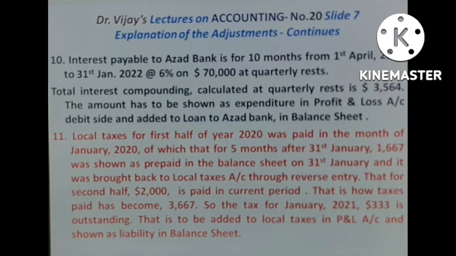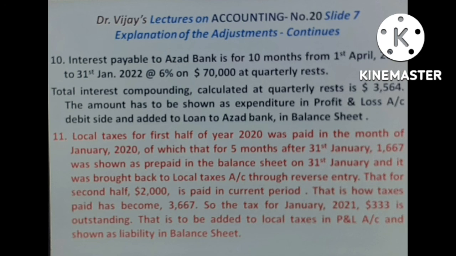You have to read what is written there very carefully. I will explain better. See, the local taxes paid during the year is 2,000. That is given in the question. Local taxes paid, that is for half year, 2,000 is for half year.